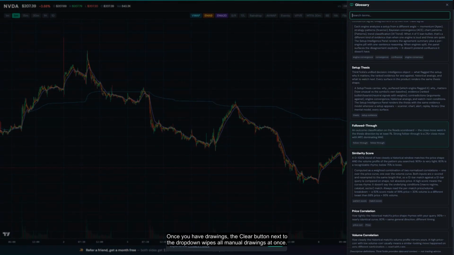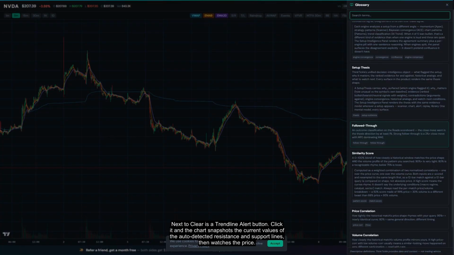Once you have drawings, the clear button next to the drop-down wipes all manual drawings at once. Next to clear is a Trendline Alert button.